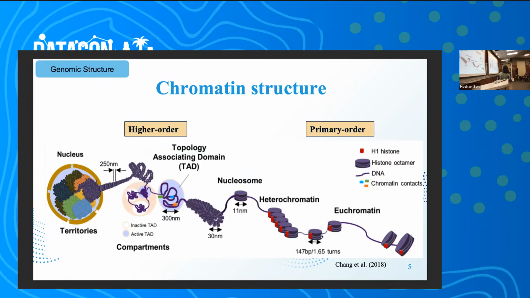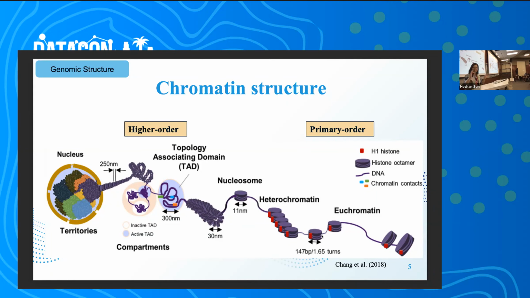It is also divided into active TAD and inactive TAD. Active TADs have a lot of genes and transcription factors and show early replication, and inactive TADs have fewer genes and show later replication.